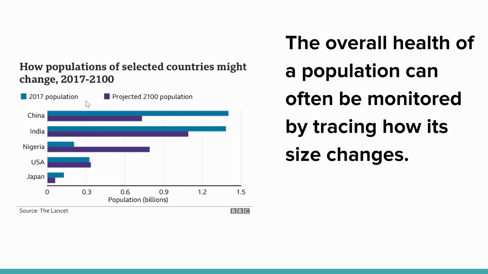Based off of that and what it's been doing, you can see what the projected population might look like in 2100 in those areas, based off of what we know about size changes and the monitoring that many scientists have done.